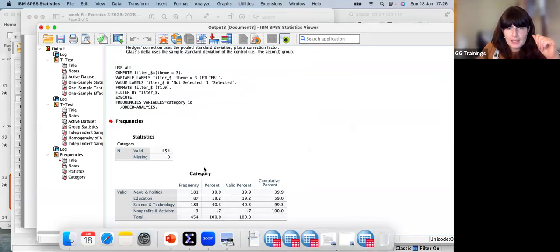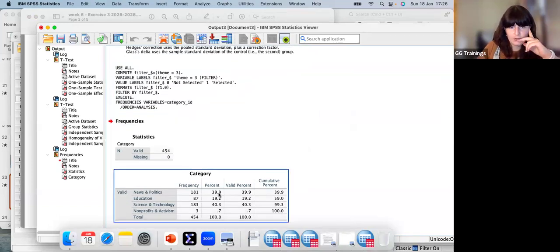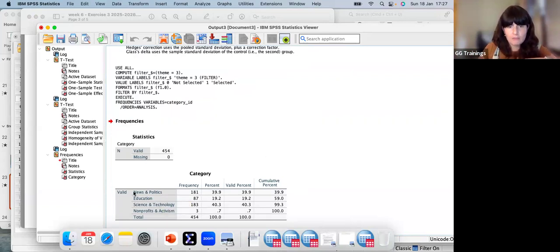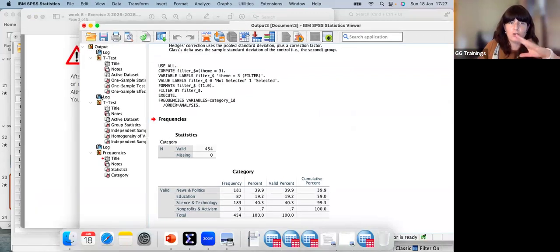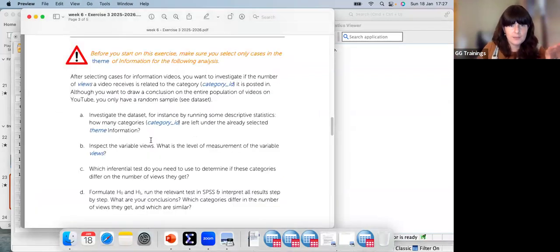If you look here at what it's produced, you can see how many categories fall under informational videos. And it's 4: news and politics, education, science and tech, and nonprofits and activism. So there's 4 categories left. Cool. That's the only thing you needed to do to answer that.